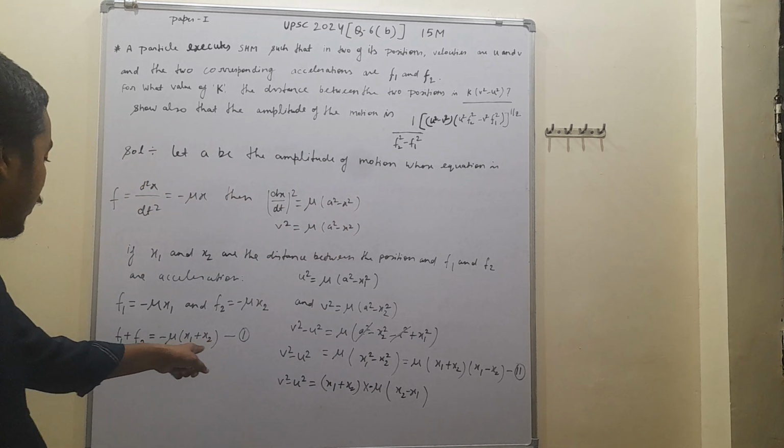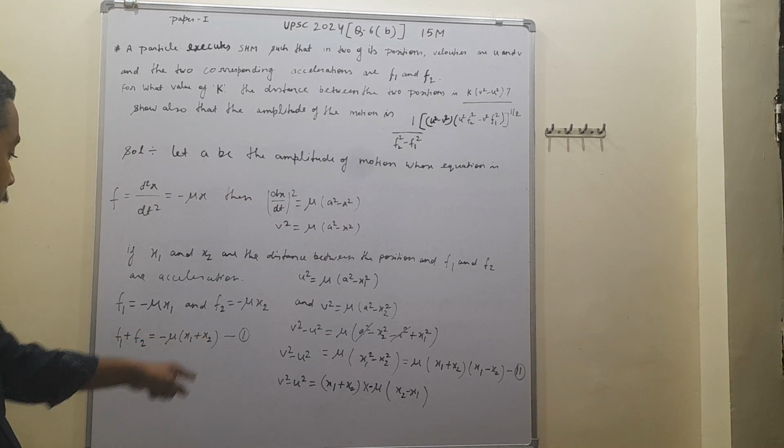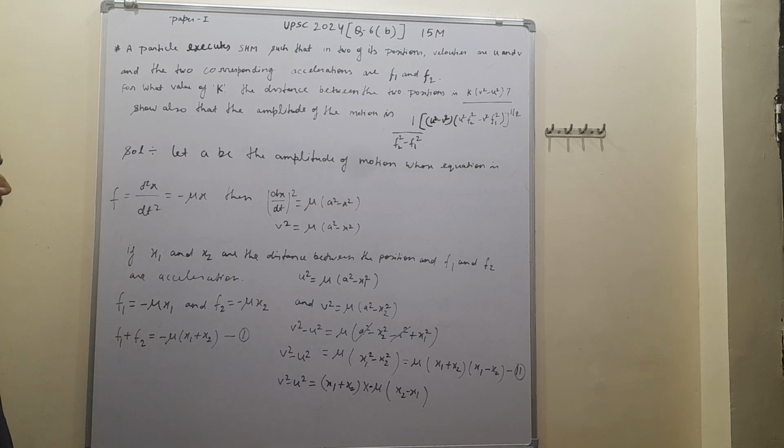From equation 1, minus mu (x1 plus x2) value is f1 plus f2.